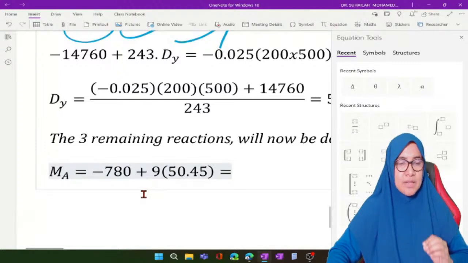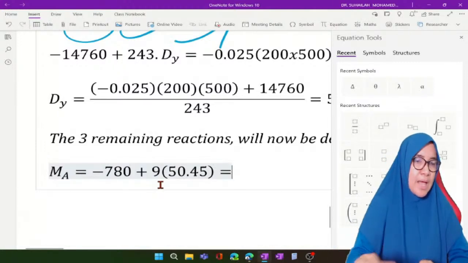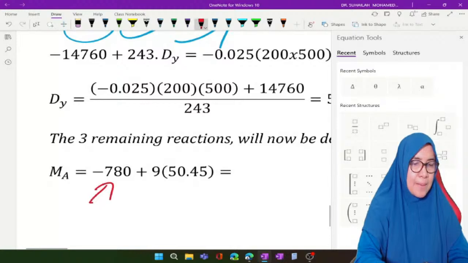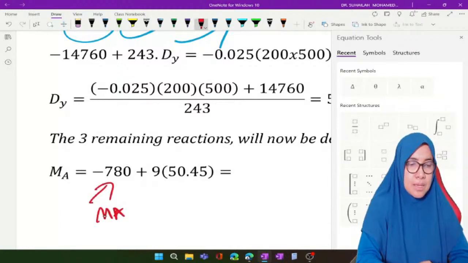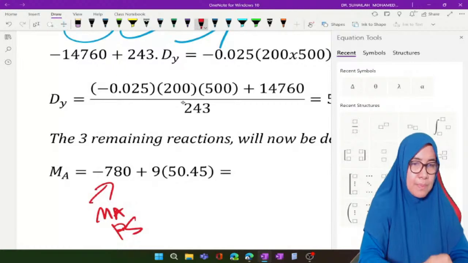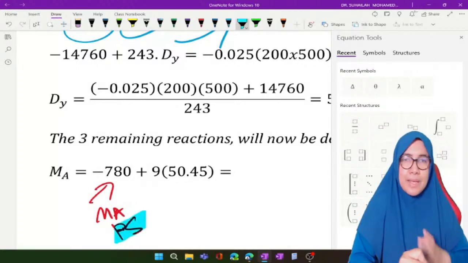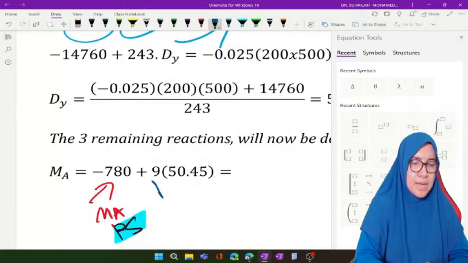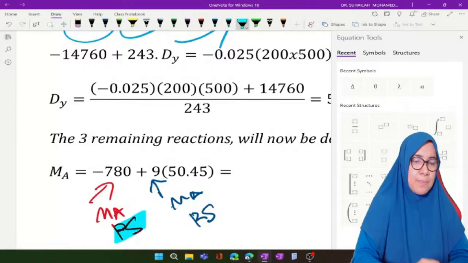It is negative 780 because this is MA in the primary system, and this 9 is MA in the redundant system. Okay, please check.